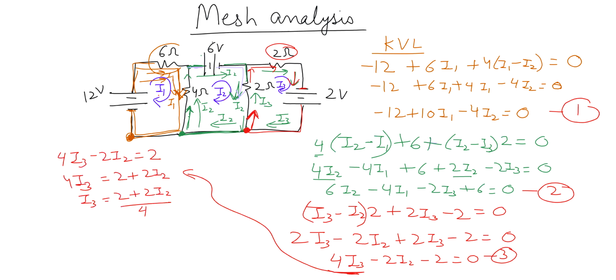Now, in equation 2, there is I3, so I will substitute the value of I3 in equation 2. Let me highlight this equation 2 here. Let me write the equation on the second page. Just give me a second here.